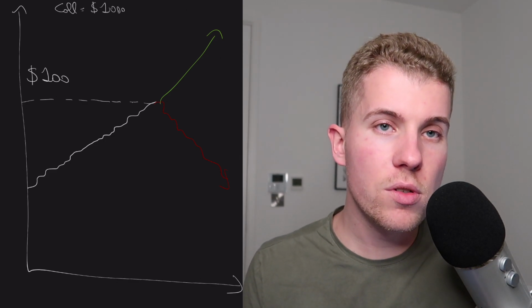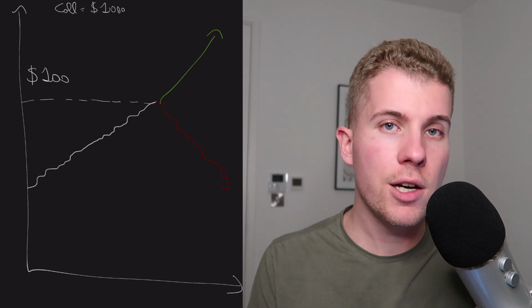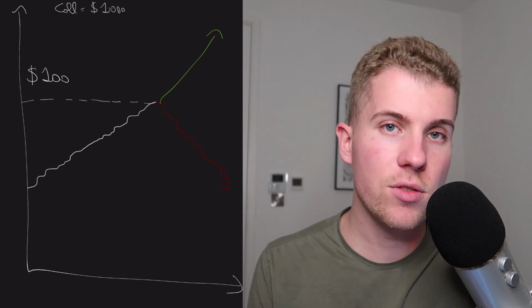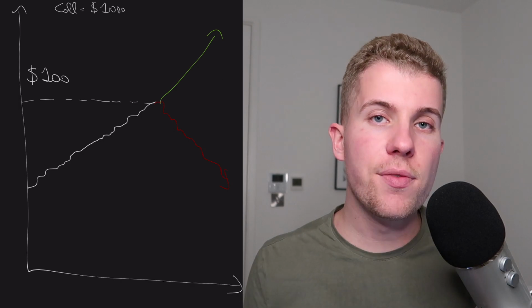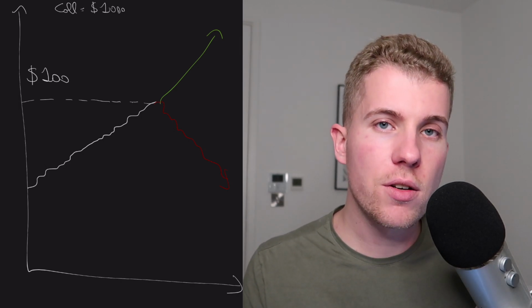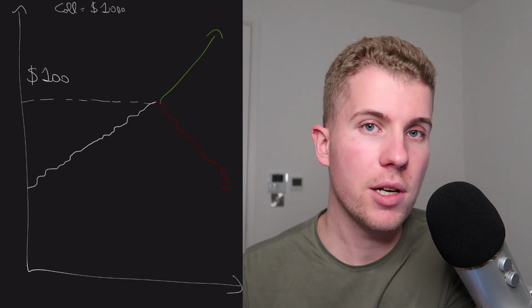So the most you could lose because you only bought that option is $1,000, compared to $10,000 on the other hand. So you see that it actually can make sense to buy an option if you still want to have the right to own the shares, but you don't want to risk as much as someone who would buy the shares directly. And that's a very basic example, but that basically explains what options are when it comes to stocks.